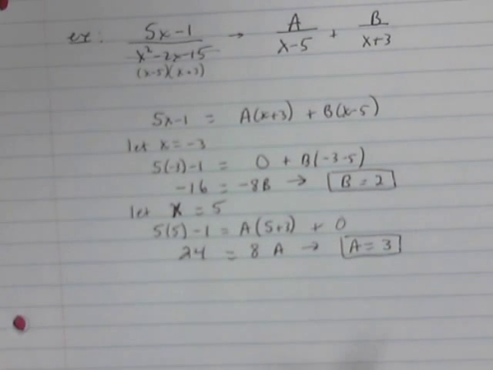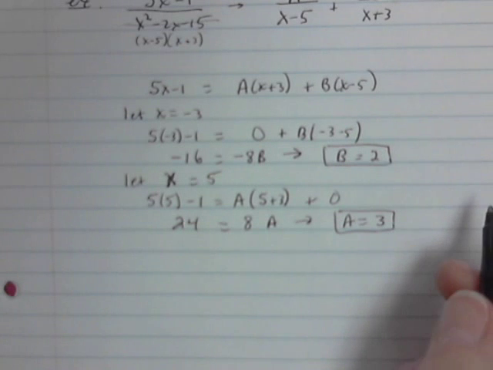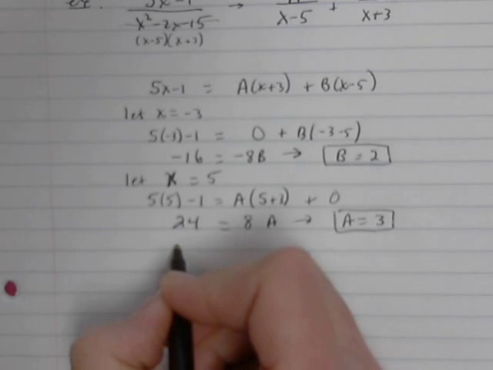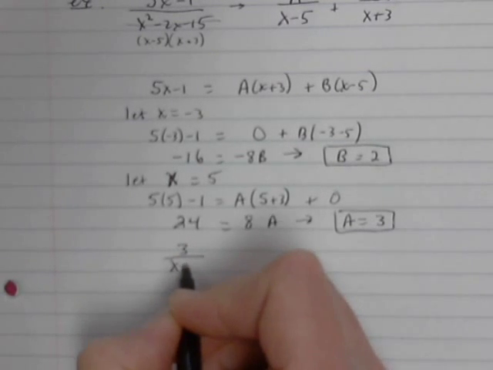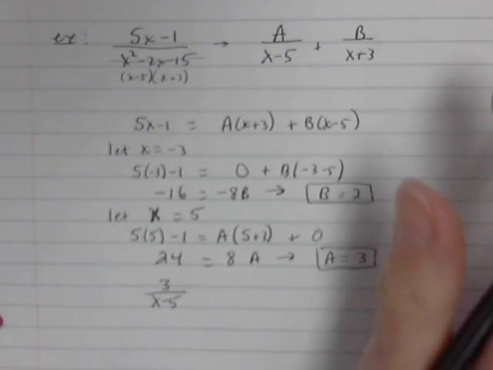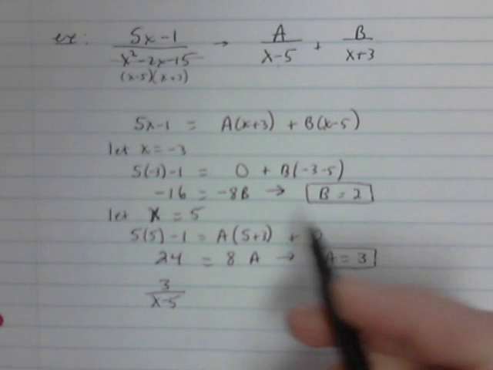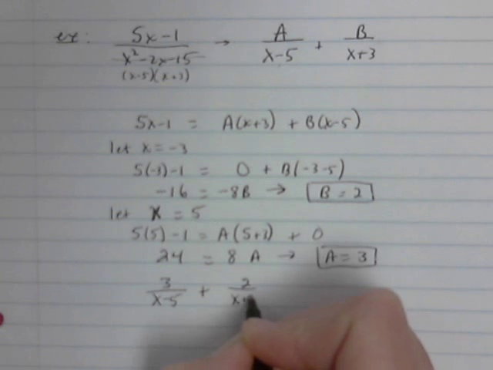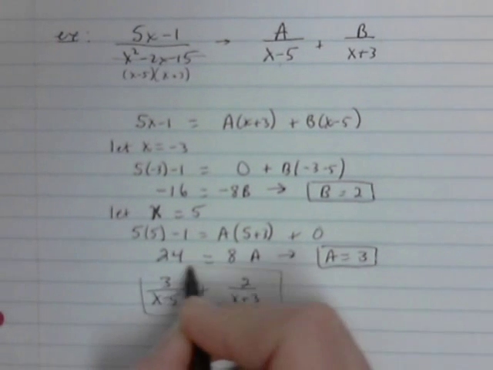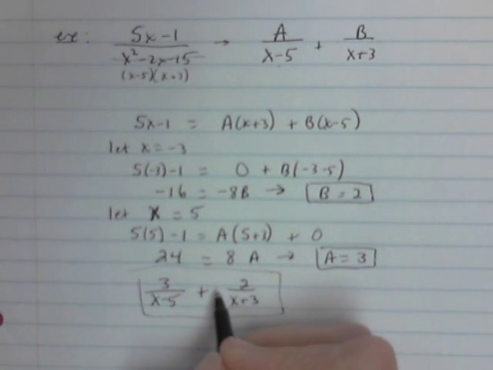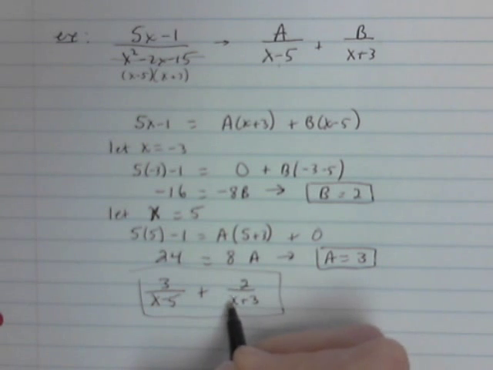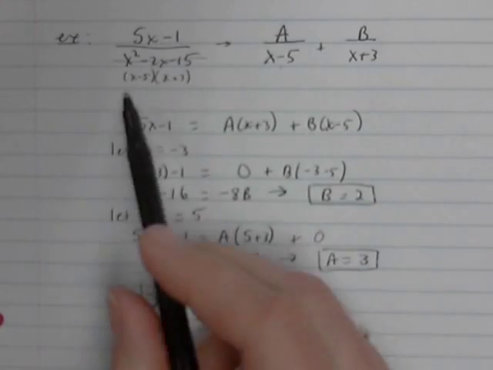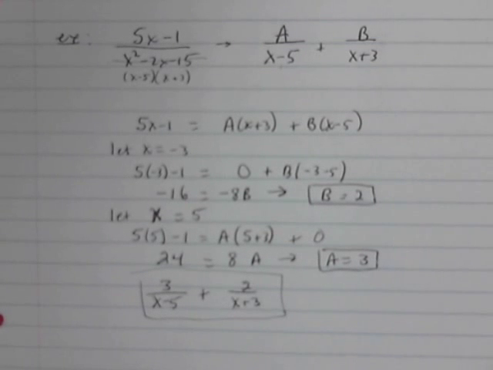So the partial fraction decomposition in the end is 3 over x minus 5, because you put the a here, plus 2 over x plus 3. And if you wanted to check that, like you did in Algebra 2, just add those two together, and that should give you 5x minus 1 over x squared minus 2x minus 15.